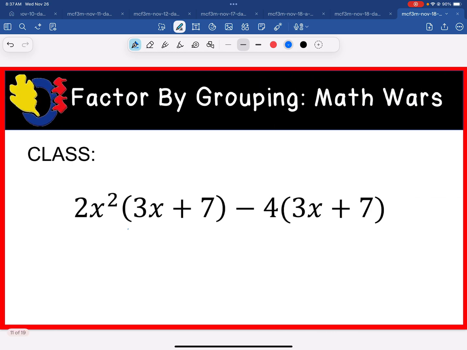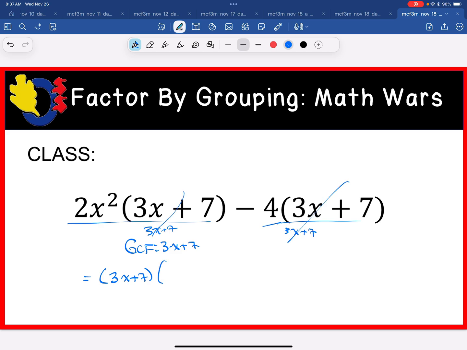All right, the next example, my GCF this time is 3x plus 7. I'm going to put that in the first bracket. If I divide each of those terms by 3x plus 7, they cancel out and we're left with 2x squared minus 4 in the second bracket.